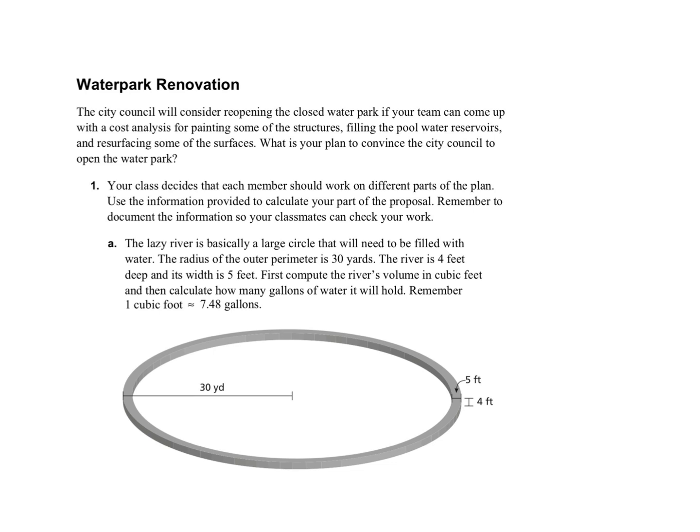So here's some things that you need to be thinking about as you do this problem. You want to have your measurements be in cubic feet, so you're going to need to convert the radius to feet.